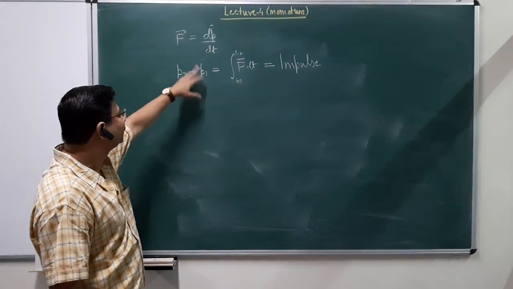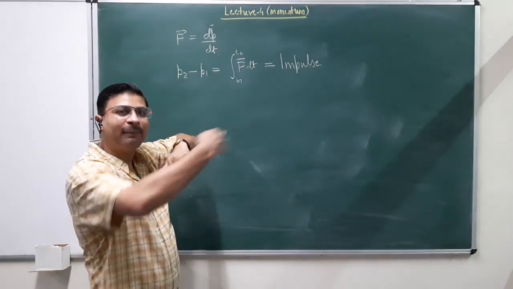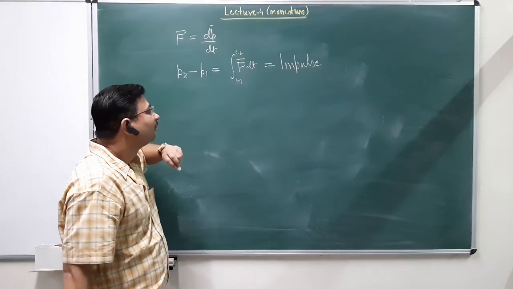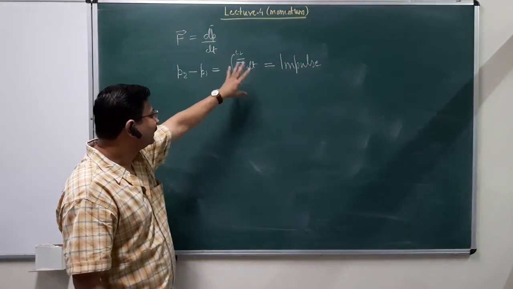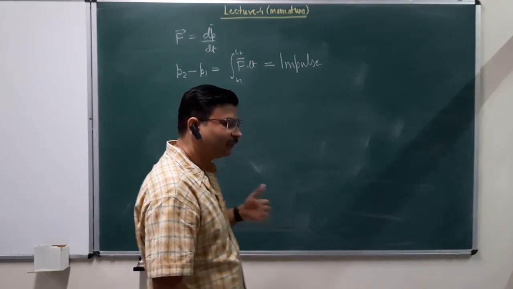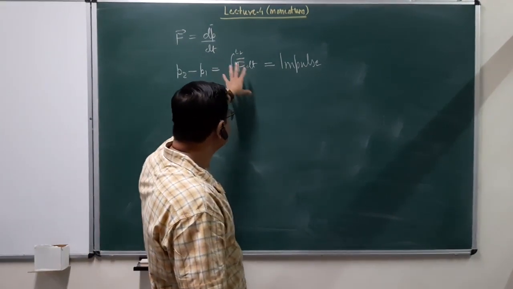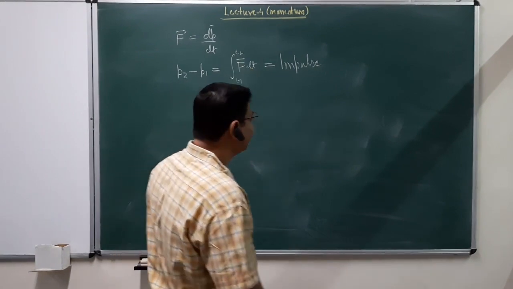So effectively, the change in momentum depends on the average force applied over a given interval of time. It basically is not really dependent on the nature or characteristic of the force. It simply depends on this integral F dt, right?